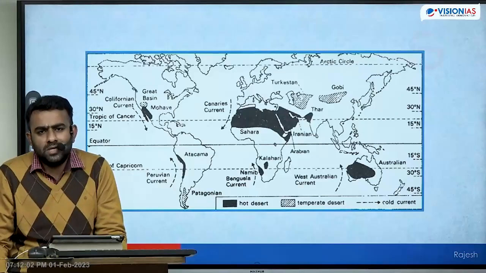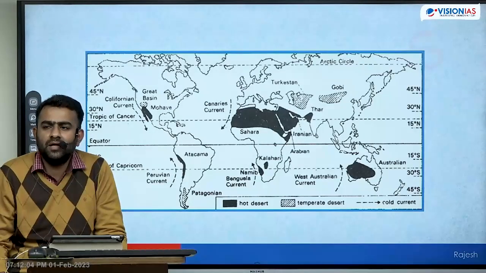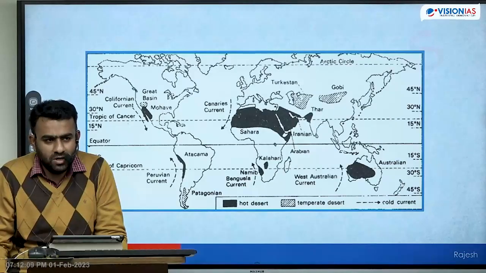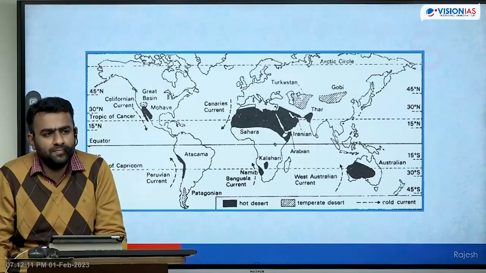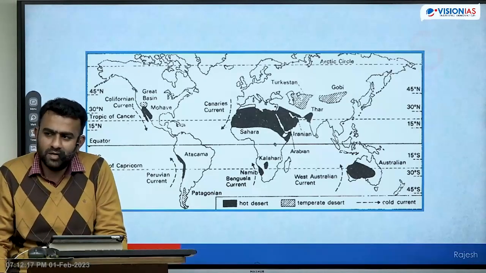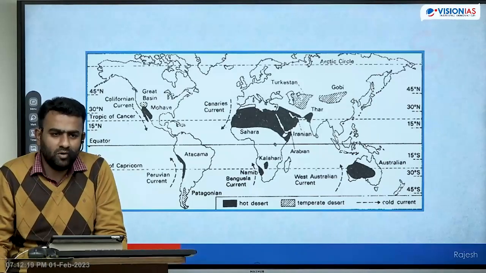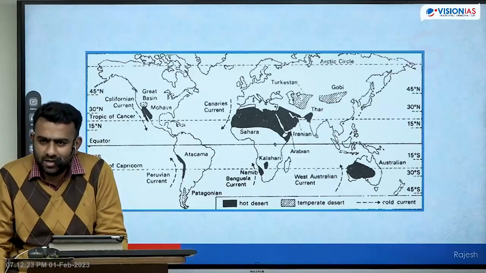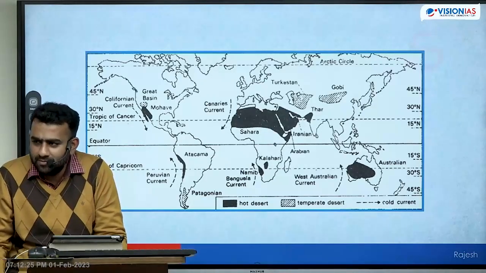So I told you these are hot deserts. Are there any other types of deserts? Cold deserts. There are cold deserts. Why do cold deserts occur? Low precipitation and location in the continental interior, very deep inside, where winds from any direction will arrive totally dry.